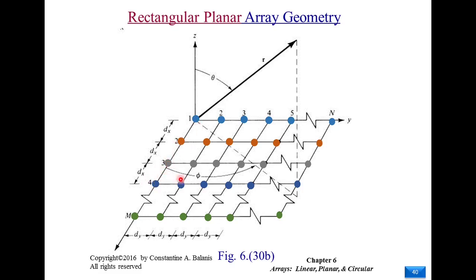If we go here, it will be 3 beta x plus beta y, 3 beta x plus 2 beta y. Here it's 1 beta x plus 2 beta y, here 1 beta x plus 4 beta y, and so on. So for every element we have beta x, the successive increase in phase along the x direction, and beta y, the successive increase in phase in the y direction.